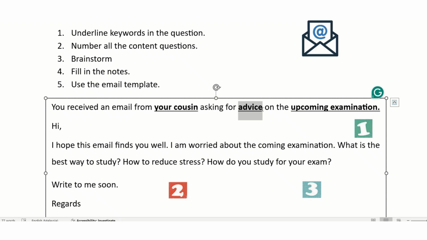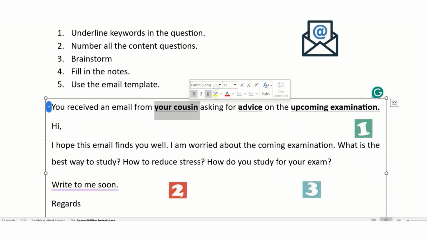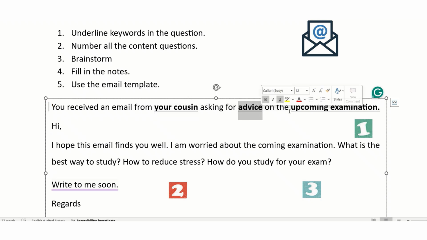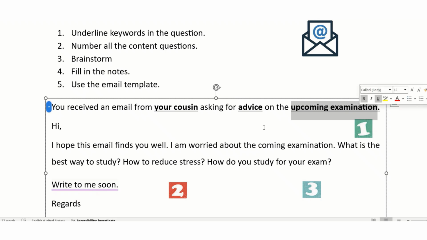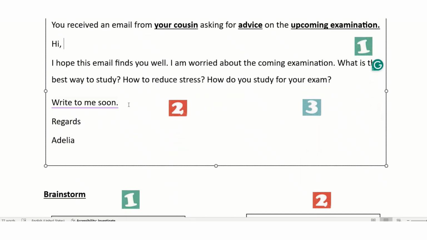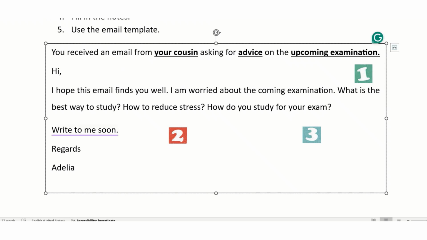This one is asking for advice, and the topic here is about examination. So 3 things: who sent the email, what is the purpose of writing the email, and also the topic of the email. Okay, so here is a very simple sample of email.